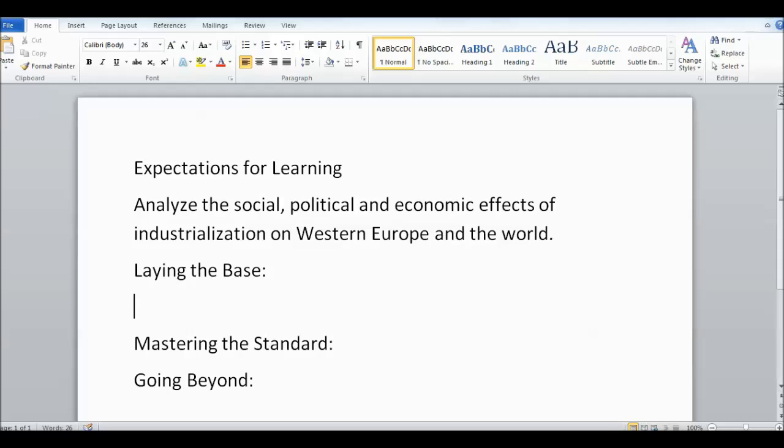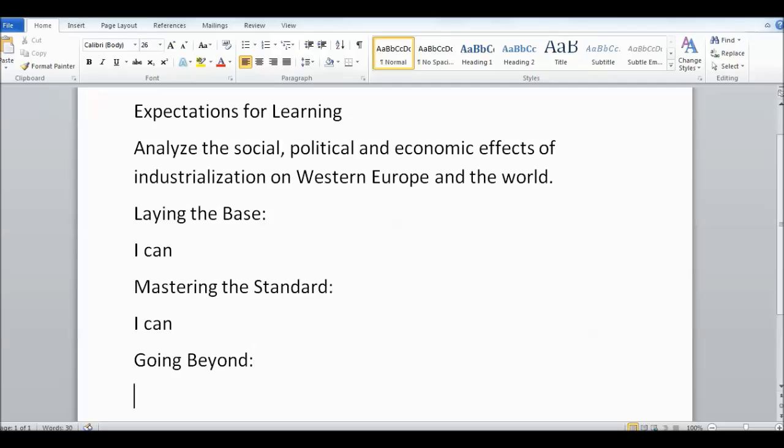And we're going to start each of these with I can. And as we go through, we want to keep in mind that we want these to be lesson length. So we may have more than one I can statement for each of these tiered levels. And I find it easiest to start with either laying the base or mastering the standard.